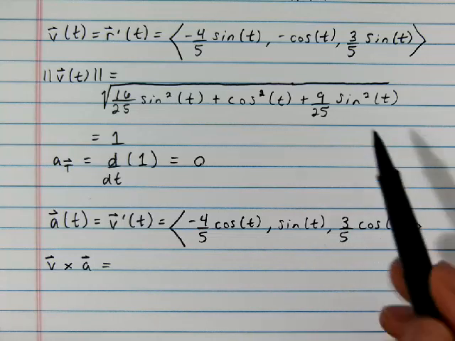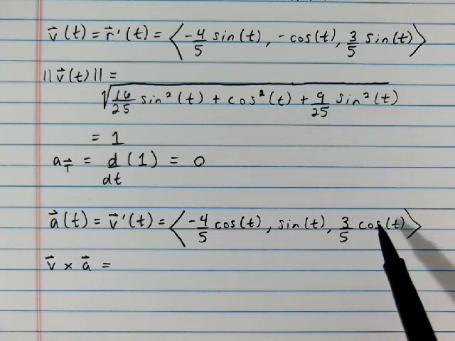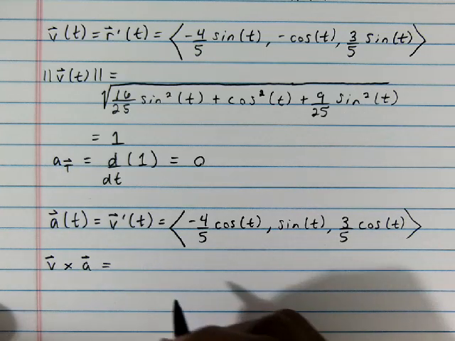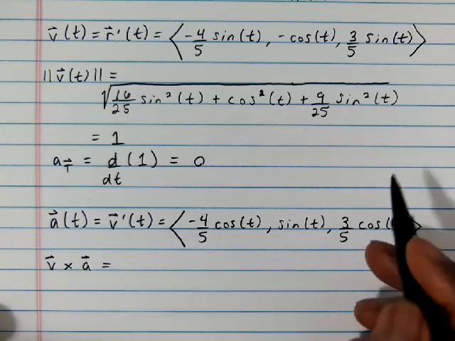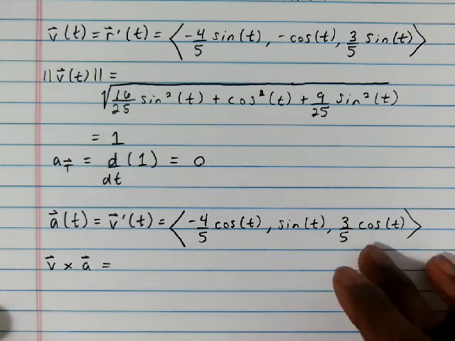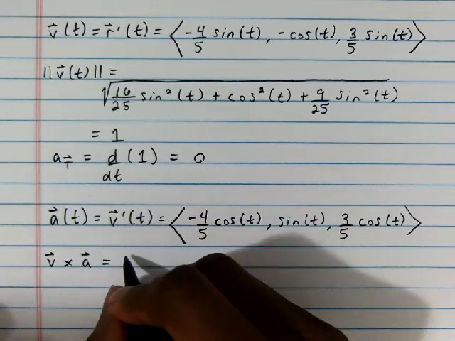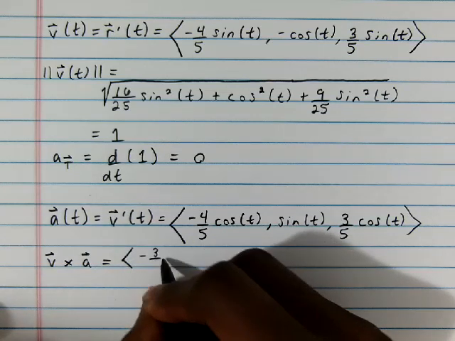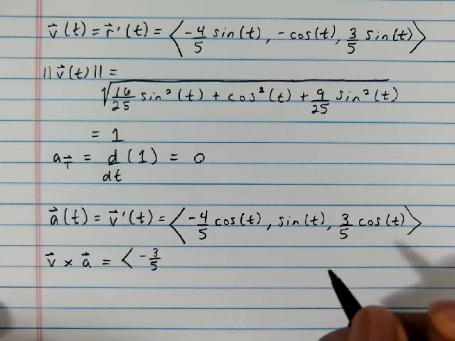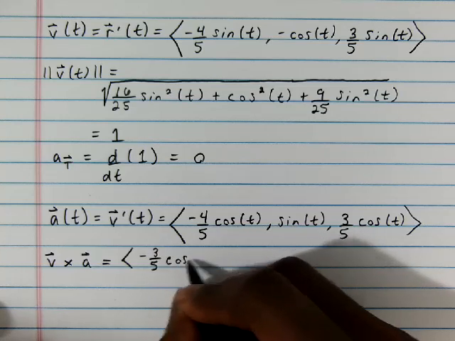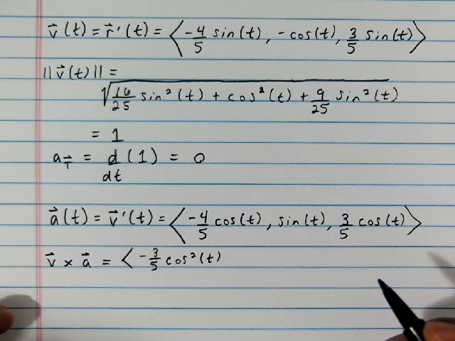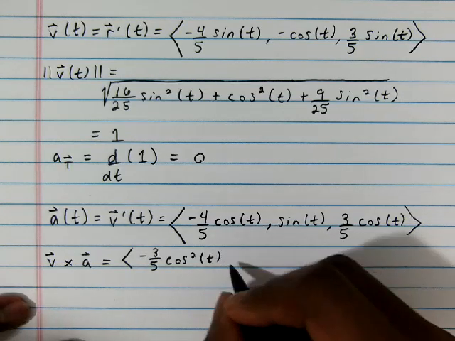I am going to get -3/5 cosine squared t, then minus 3/5 sine squared t.